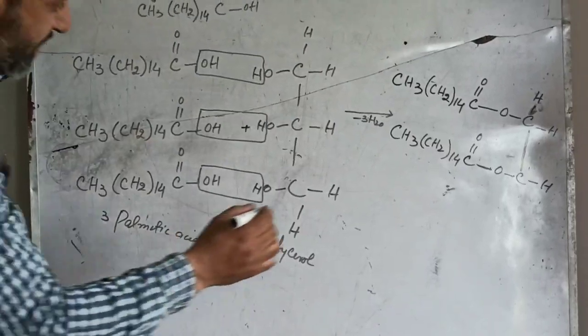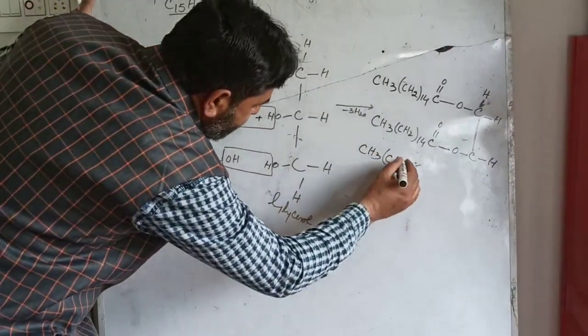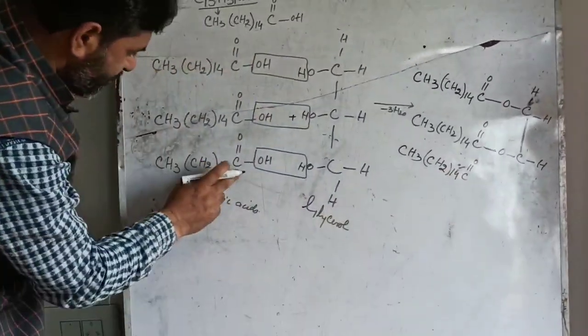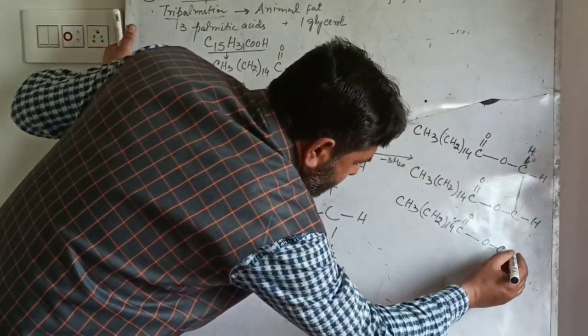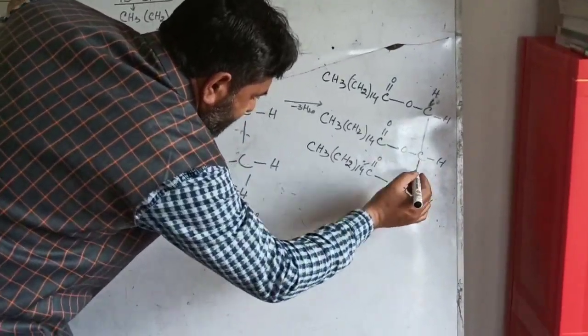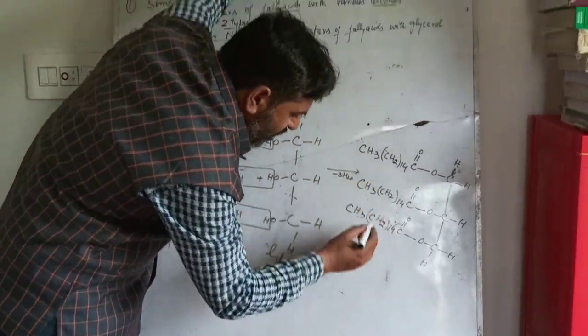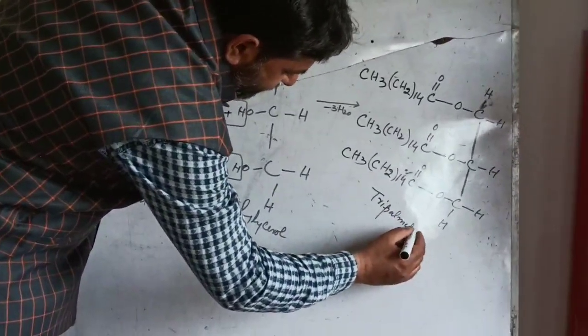Then there is another palmitic acid, CH3, CH2 14 times, CO group, carbonyl group, forming a bond with oxygen. This is carbon. These are two hydrogen atoms. There is another bond. So now the molecule formed here is tripalmitin.